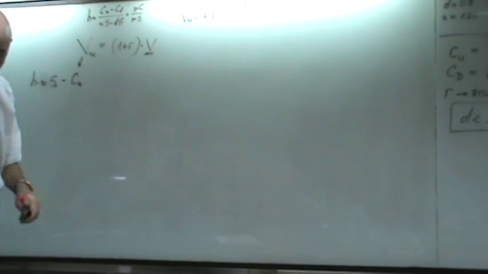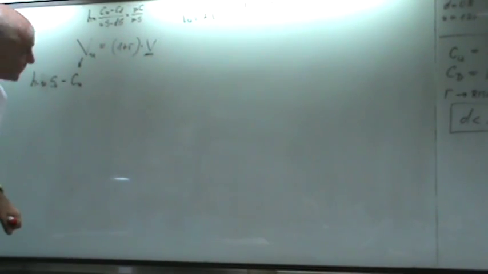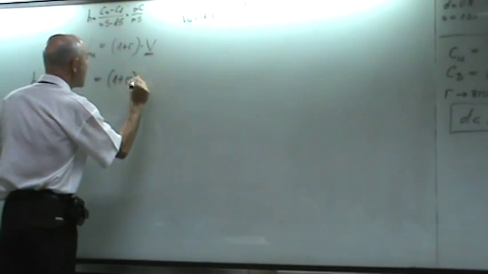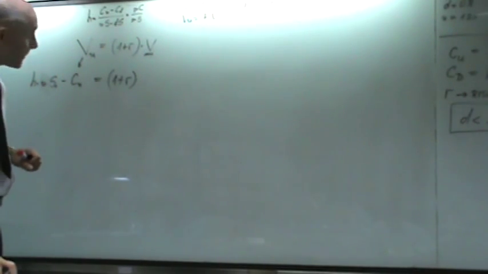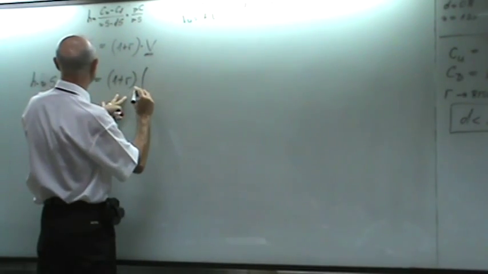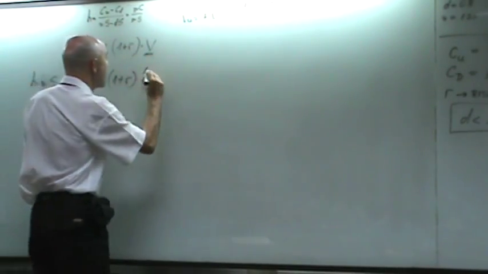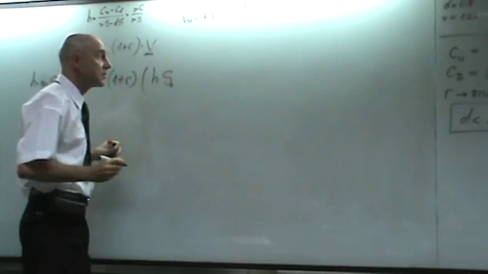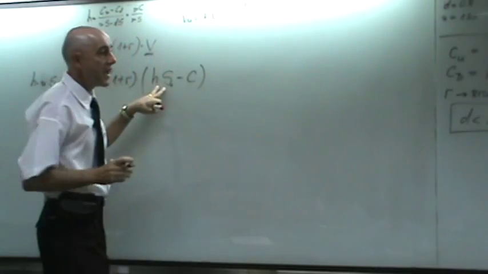Now let's see what's the V part. Equals 1 plus R. And now let's see what we get for the V part. Here's the thing: H times S0 minus the value of a call.